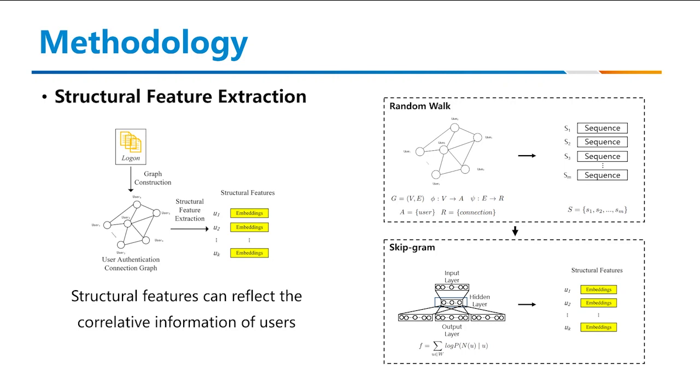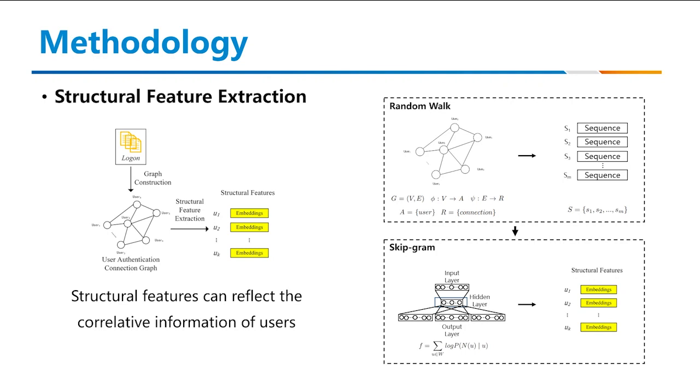Then, we learn a d-dimensional representation vector by maximizing the objective function over the sequences. By following the steps above, we can embed the nodes into low-dimensional vectors that contain the correlative information of users.